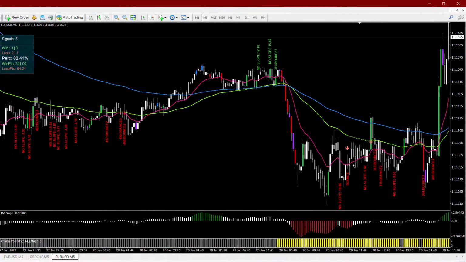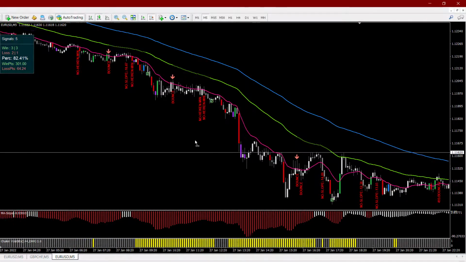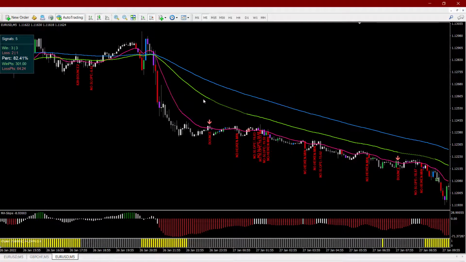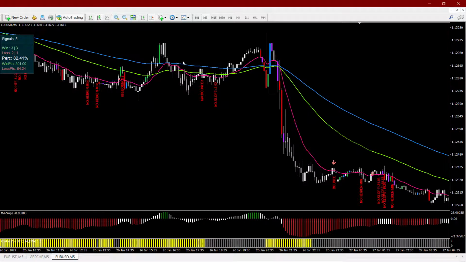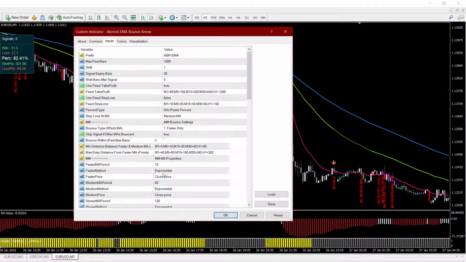And when the price is trending, like if it is a good trend, then the distance between moving averages will be slightly higher. So in order to avoid signals like this one, right here, we can set this minimum distance. So for M5, we have 10 points.